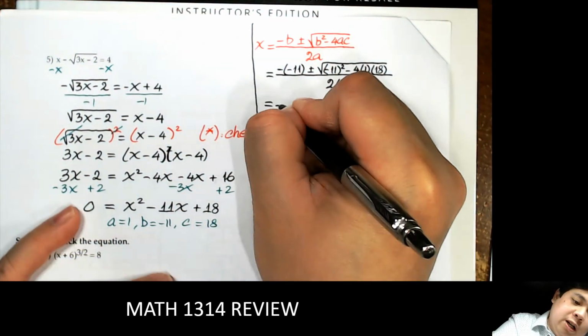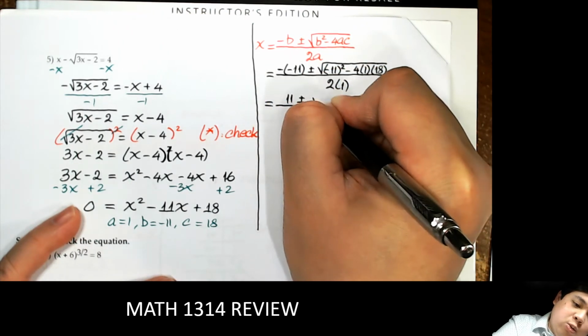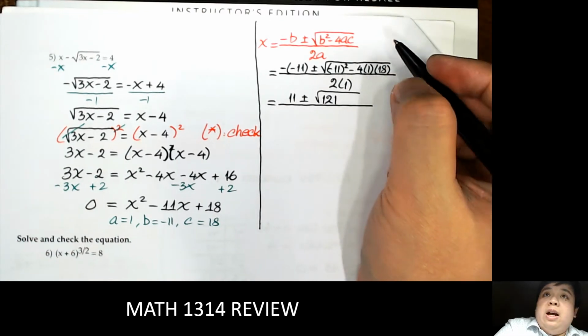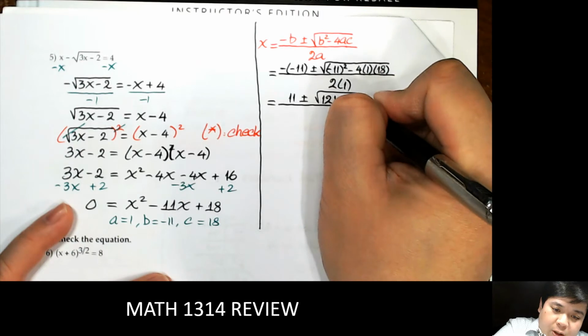Right. 11 squared is 121. 4 times 18, that's 72, over 2.